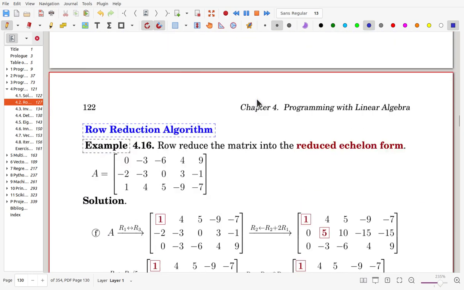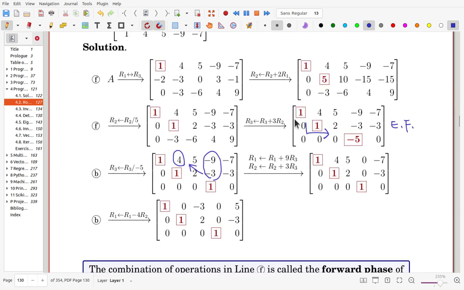However, in reality, once you reach an echelon form, these leading entries do not change position in further operations. They are changed into leading ones, and it becomes the reduced echelon form, but the positions are not changed. So once you reach an echelon form, you can decide pivot positions.